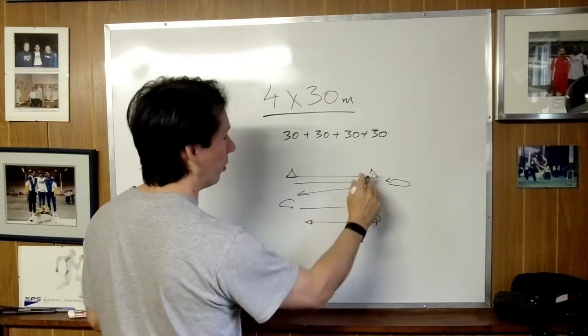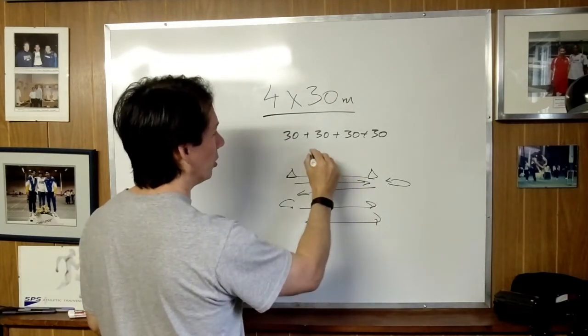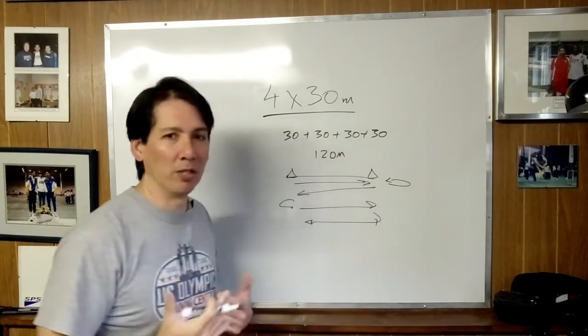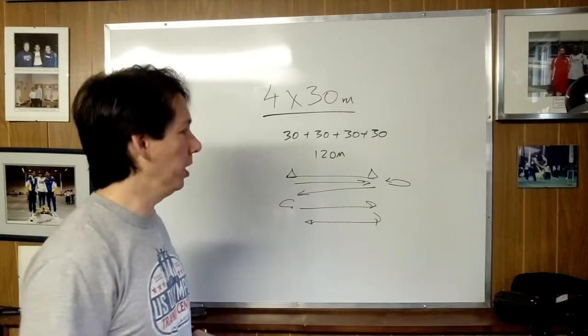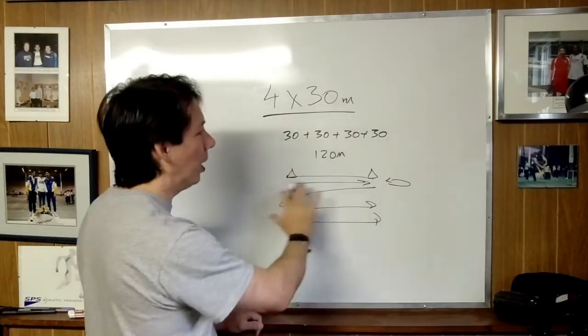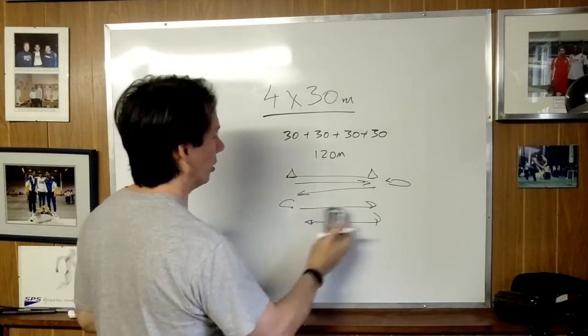So those are our 30s with minimal recovery. So essentially we're getting 120 meters in more of a specific endurance type workout that involves speed. But probably these segments aren't as fast as what we did originally, but we're just changing the type of work. So that's another way of doing it.